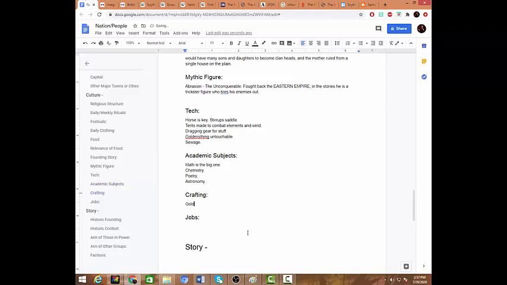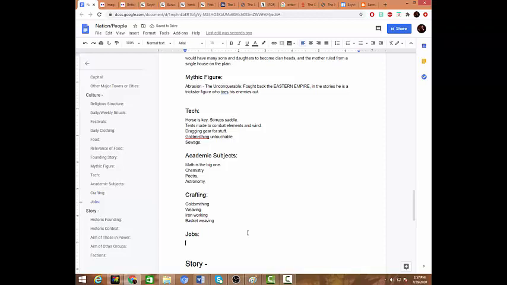Crafting, goldsmithing, obviously. I've made that pretty clear. Let's say weaving. They weave their clothes, they don't sew them. I have no clue if that is important or if that means anything. And then ironworking and basket weaving. I like basket weaving.